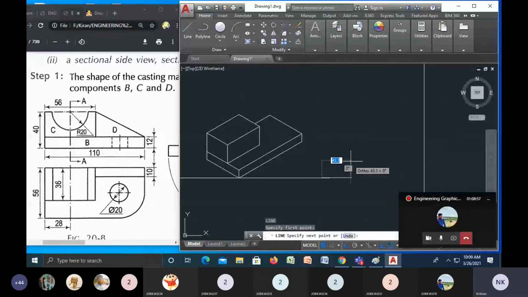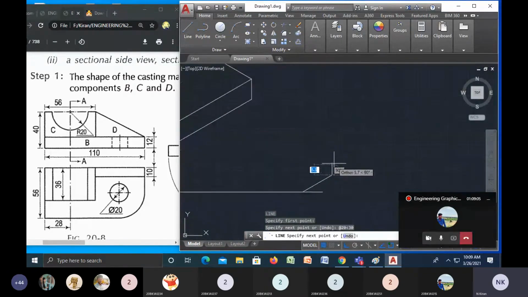From this point at the rate 20 and angle 30. Okay, now again 20. Now from this point, shift at the rate 20, angle, what is the angle? Now I have to 210. 210. This is your one, right, 210. Enter. Now again C enter.